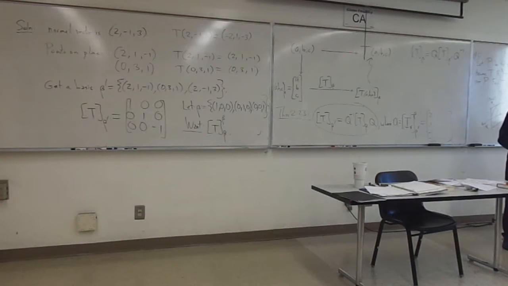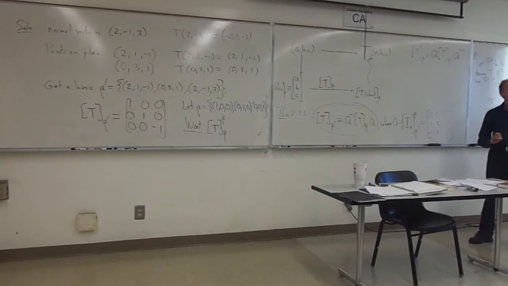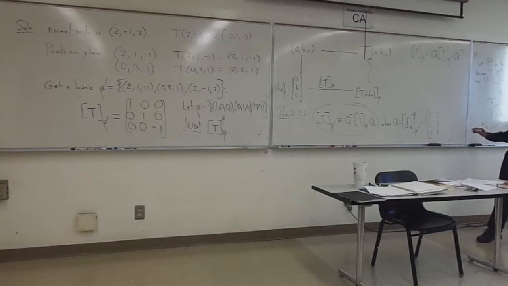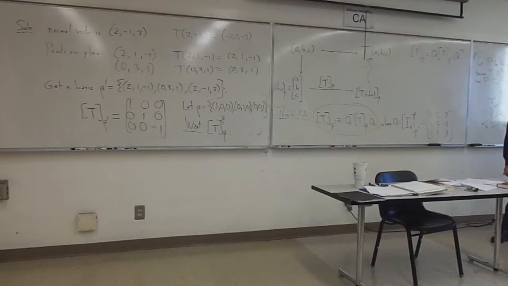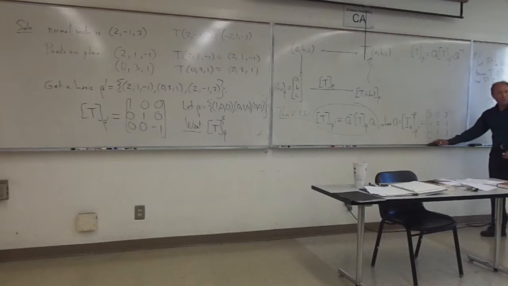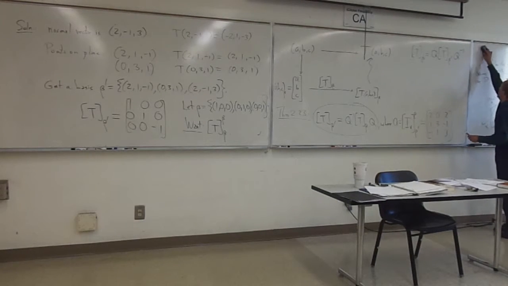It goes in the first column. Agreed? Then I do the same thing with the second vector, which is 0, 3, 1. And then the same thing with the third vector, which is 2, negative 1, 3. So that's Q. So far, so good?